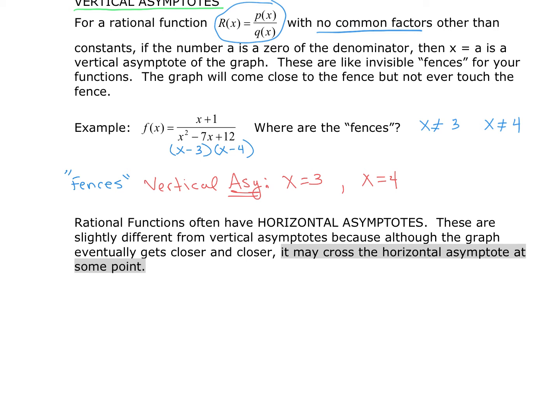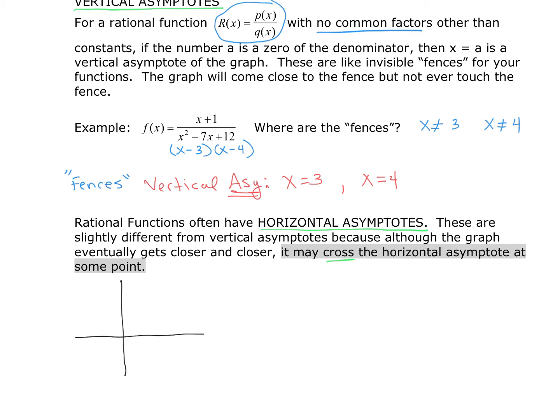Okay? So often we also have horizontal asymptotes. These are slightly different from vertical asymptotes because we're going to get closer and closer to it eventually, but it might cross the asymptote at some point. So a graph might look like the following.